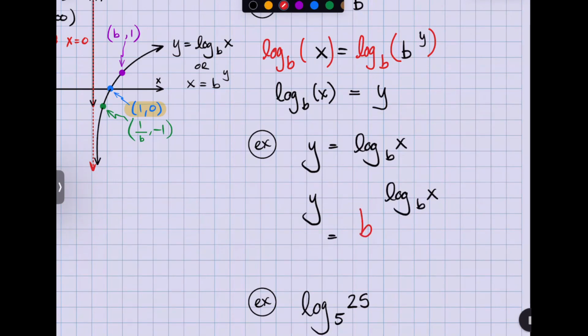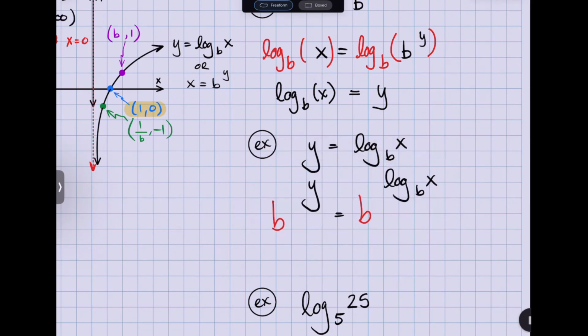So I will have to do the same thing: take the b and raise it to that power on the other side. Then what I have left is b to the y is equal to x. And that's how you go back to the exponent form. So it's these properties that help me get to where I need to get to.